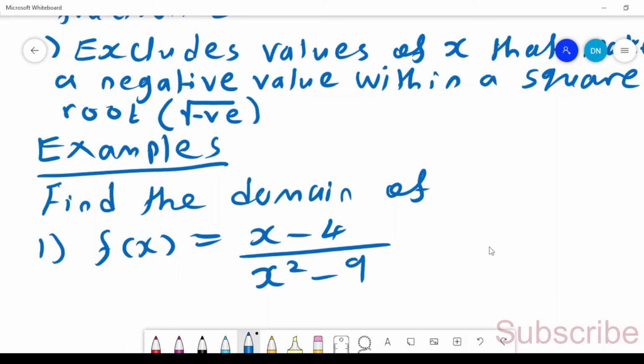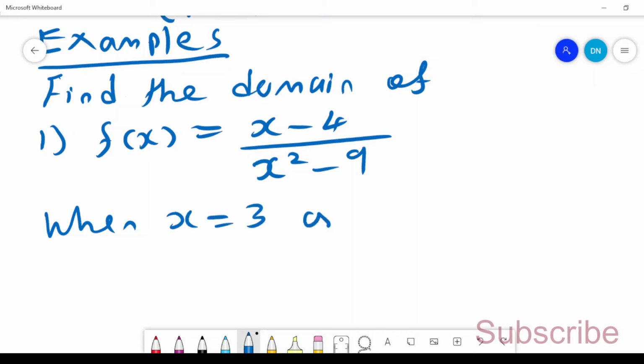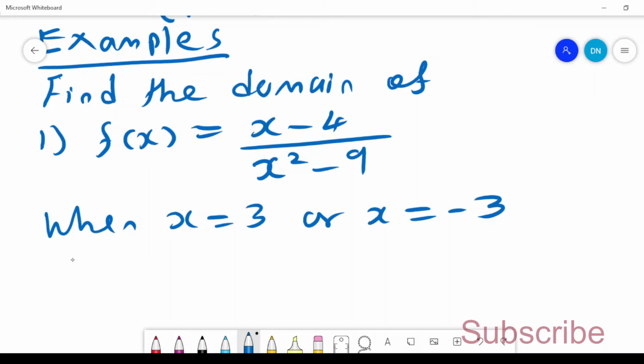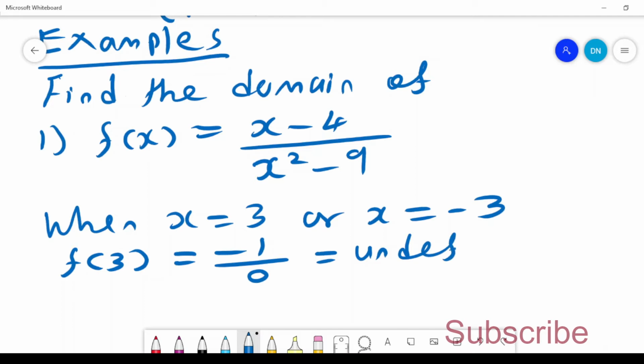Now, when you look at the denominator, we note that when x is equal to 3, or when x is equal to negative 3, then we'll be dividing by 0. So, for example, f of 3 will be equal to minus 1 divided by 0, which is undefined.